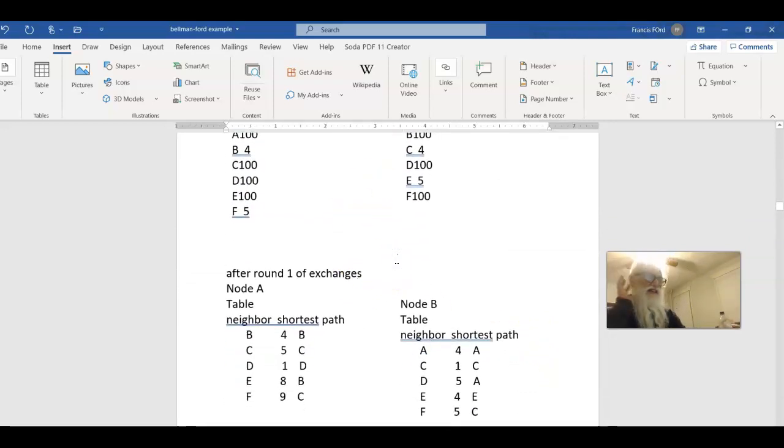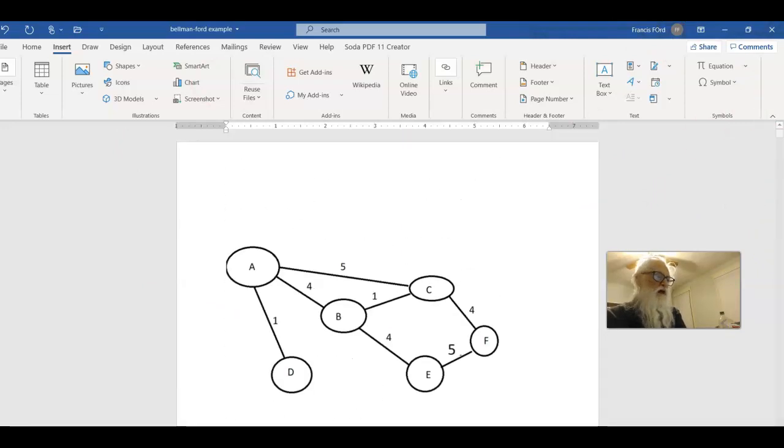Now, I made the exchanges. What new news did I get? Well, let's take a look at the graph again. What does A find out? Well, A learns from B that B has a neighbor E and a neighbor C. A learns from C that C has a neighbor F. So A now has a way to F and now has a way to E. So we'll see what happens.